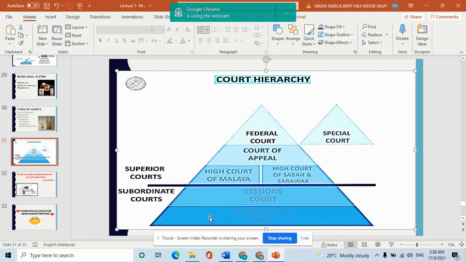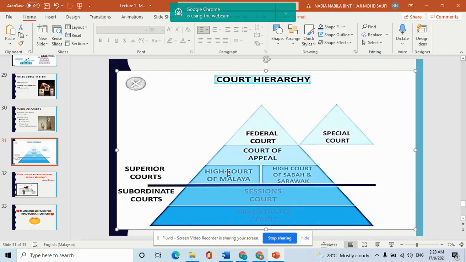Under the subordinate court, we have two: the magistrate court and the sessions court. For the superior courts, we begin with the High Court of Malaya and the High Court of Sabah and Sarawak. Why is it divided? Because the High Court will be using a lot of acts and ordinances, and each state will have its own High Court.